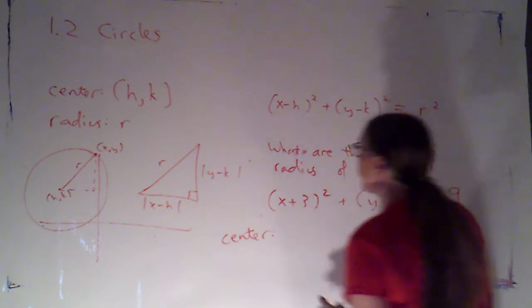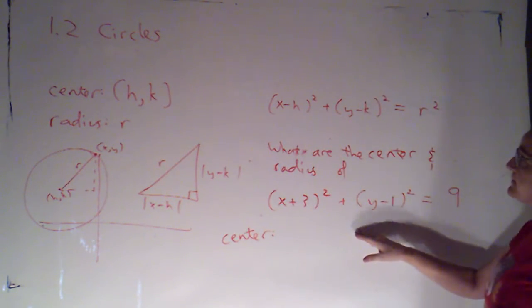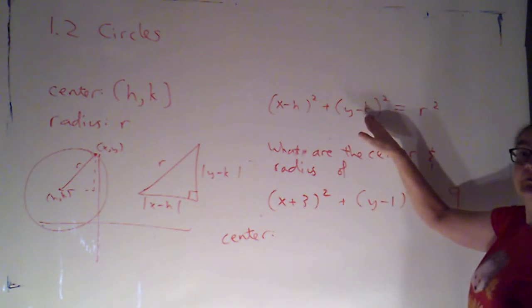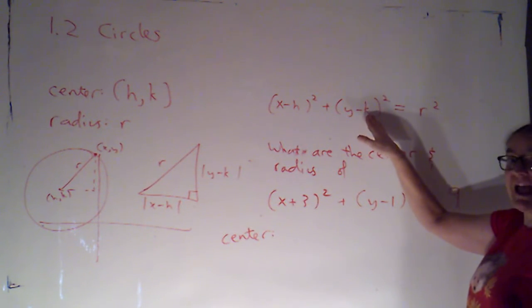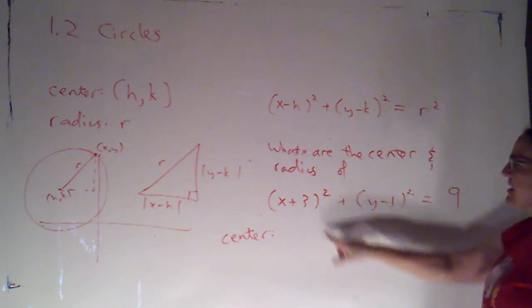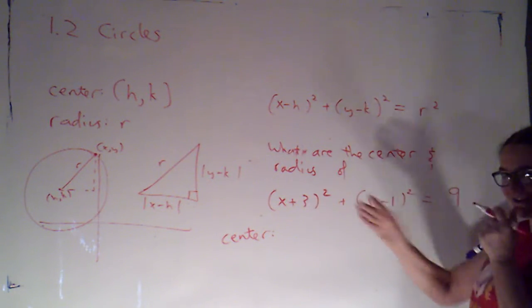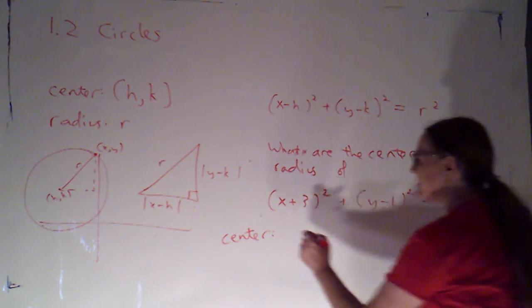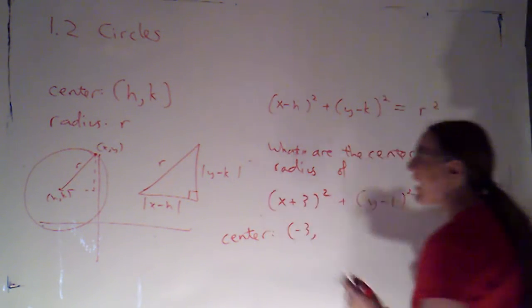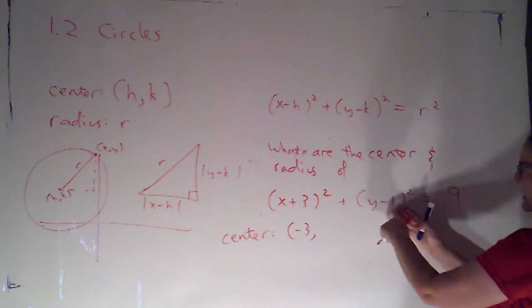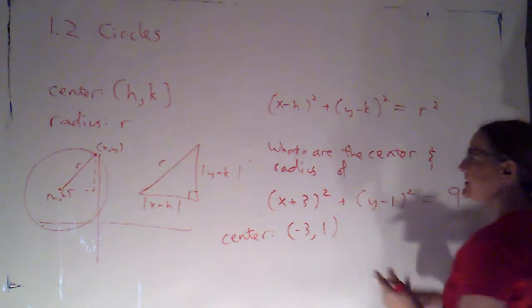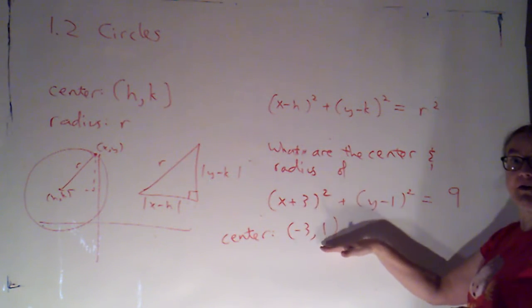Now I just have to be careful because the coordinates of the center are the numbers that I am subtracting from x and from y. So if we're adding 3, we've certainly seen this before, that adding 3 is the same as subtracting negative 3. And then here we were subtracting 1, so the center would be at negative 3, 1.